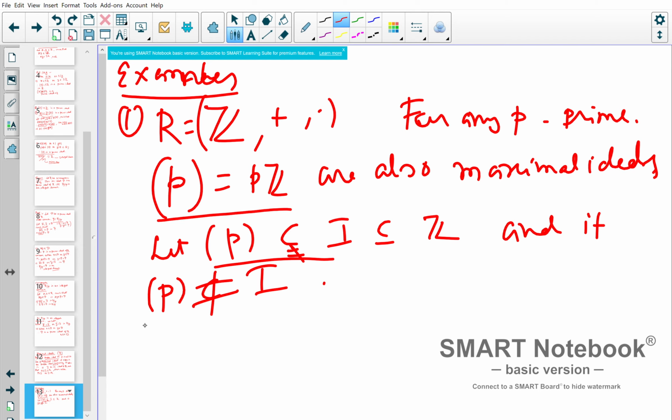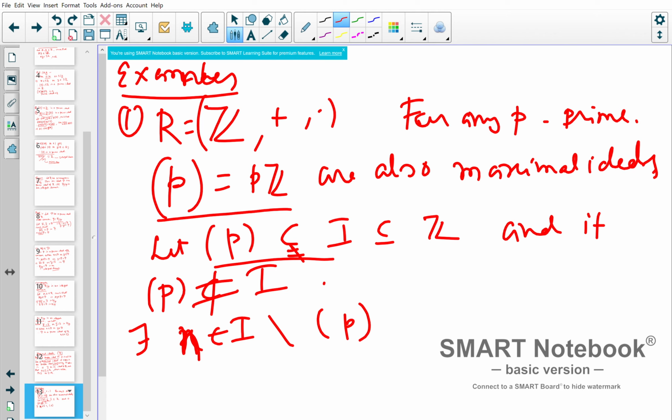So that means there exists some element, say an integer n, belonging to I such that n is not inside the ideal P, right? So what does that mean? That means n is not a multiple of the prime number p.